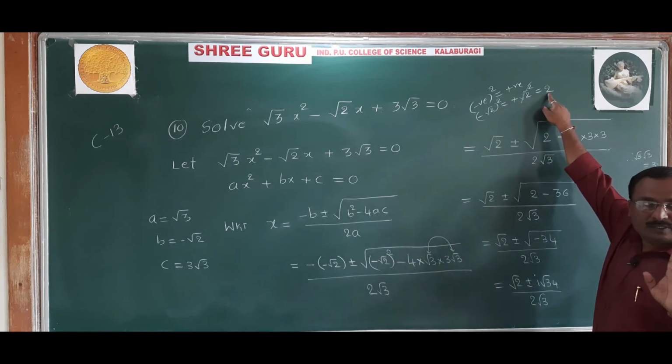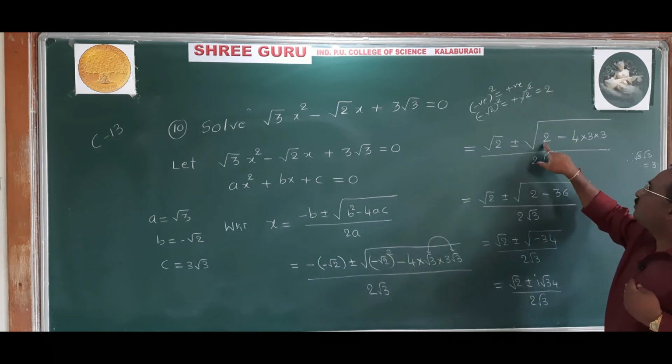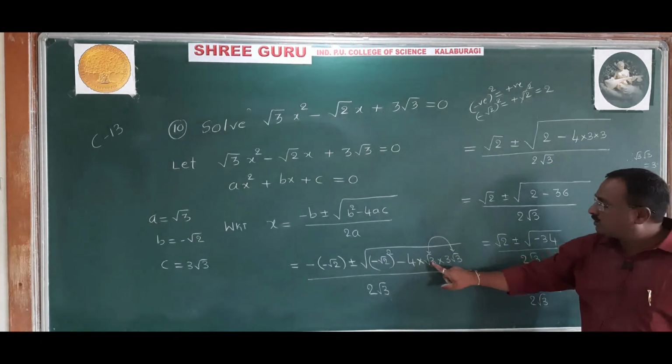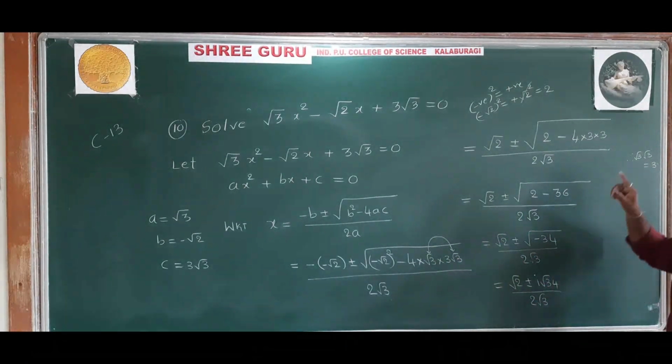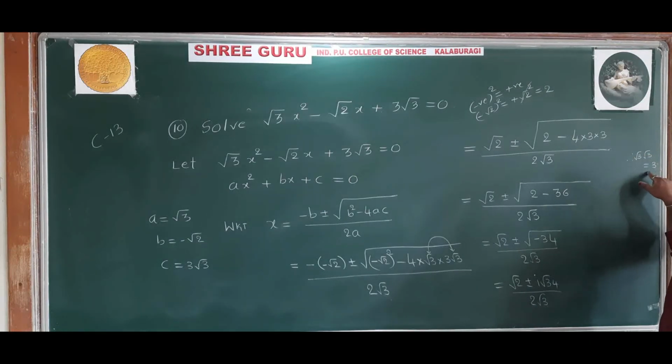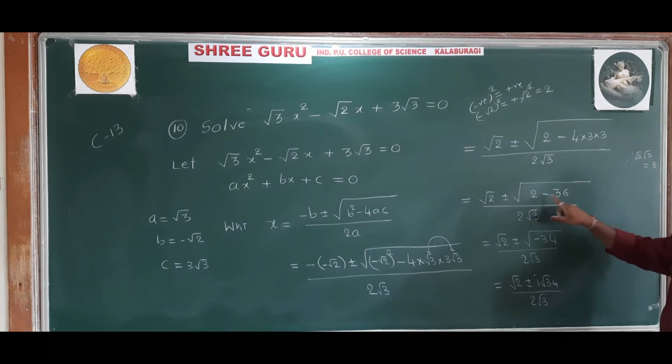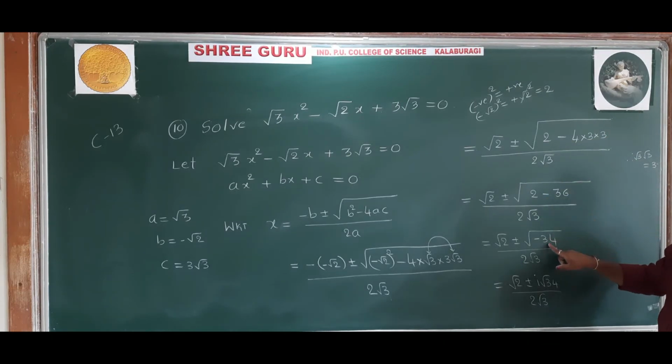Understood? With negative sign and root 2, both apply the square, always positive. 2 minus as it is 4, this 3 as it is. Root 3 is what? 3, because root 3 square and root get cancelled. 4 3 is 12, 12 3 is 36. 2 minus 36, 34.